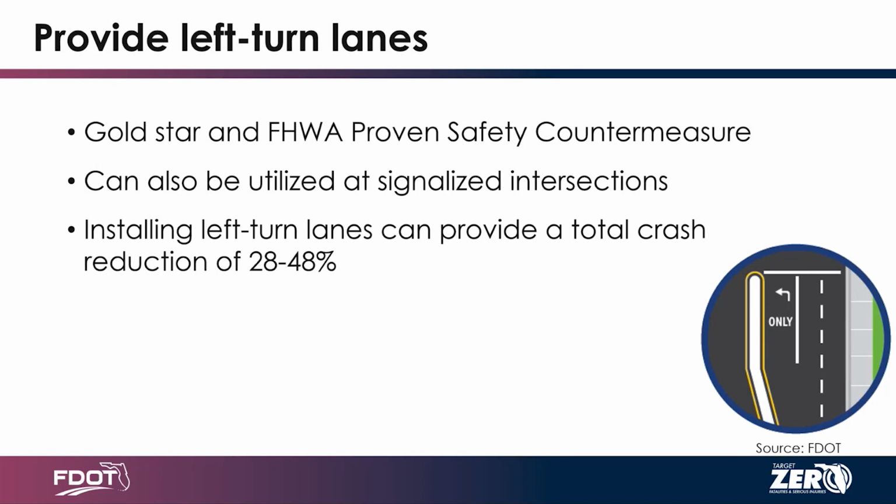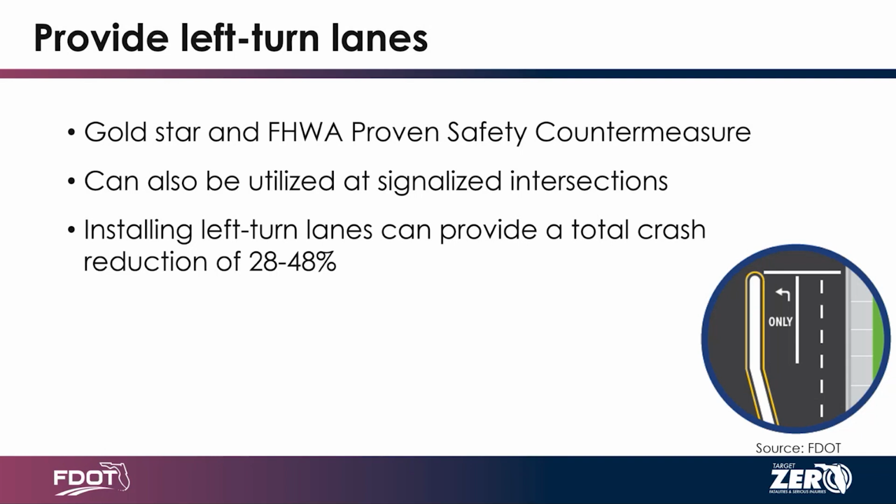So basically we would be adding a left turn lane on the state road so you would be able to move over. You would be able to stop and store in that left turn lane until there's a gap, versus maybe slamming on the brakes. Someone behind you puts you at risk for a rear end crash. And so that's what we mean by left turn lanes at unsignalized intersections.